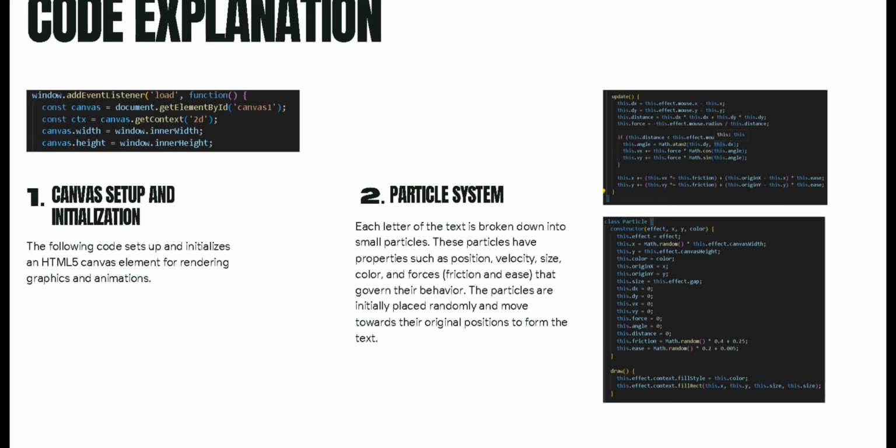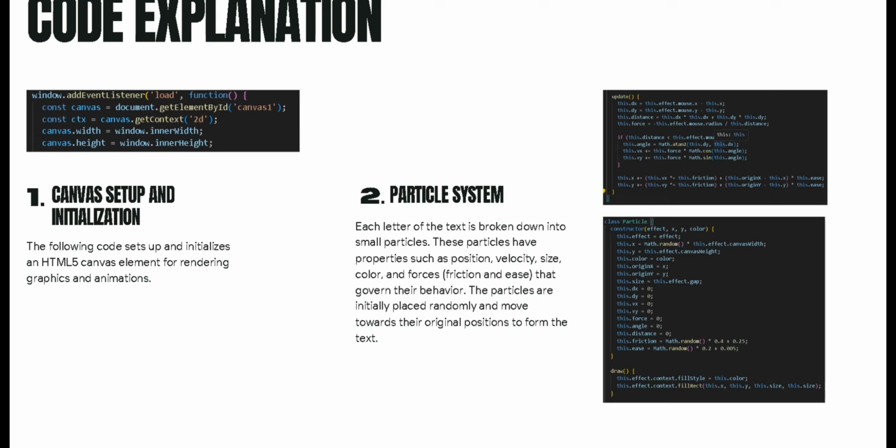The first part is just a basic setup of the canvas. The following code sets up and initializes the HTML5 canvas and elements for rendering graphics and animation. The next step is the particle system itself, which is one of the most important.